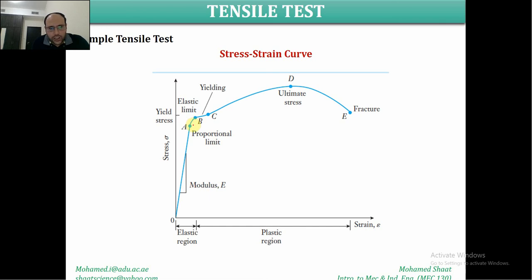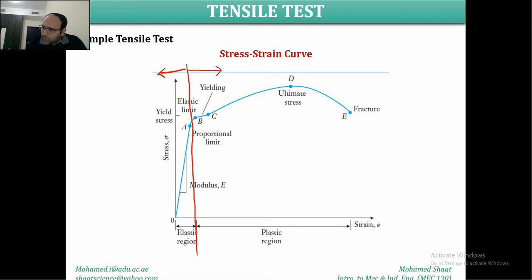We said that this is the yield region, and we can draw a line here that is slicing this curve into two parts. One part on the left, which is known as the elastic region, and anything located on the right of this line is known as the plastic region, which describes the plastic behavior of the material.